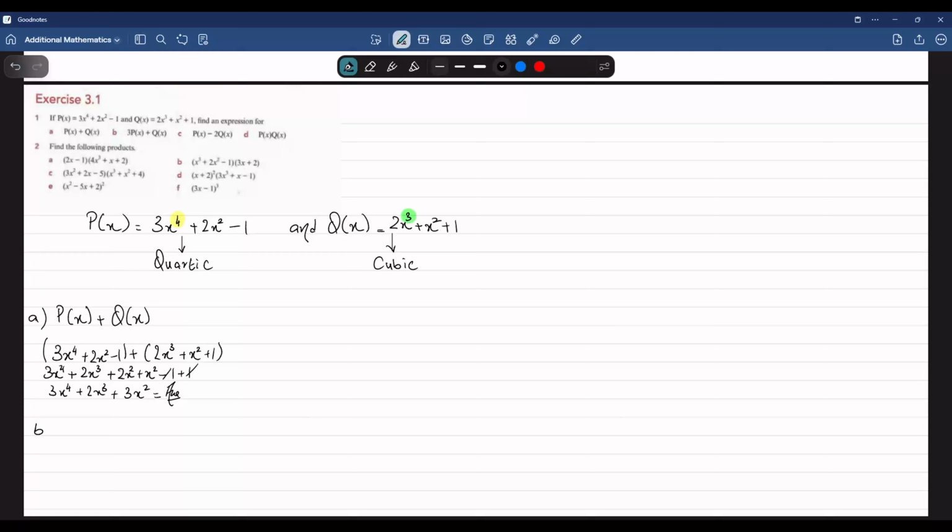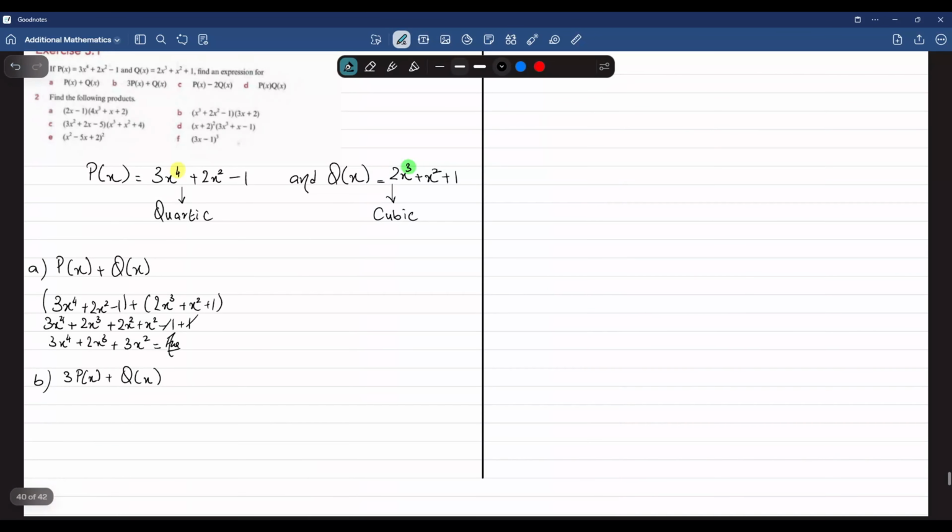For part B, we have 3px plus qx. So basically now we have 3px plus qx. Let's make a partition over there, it's going to be much better.